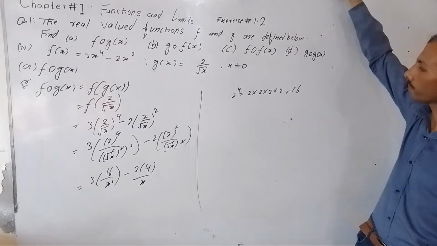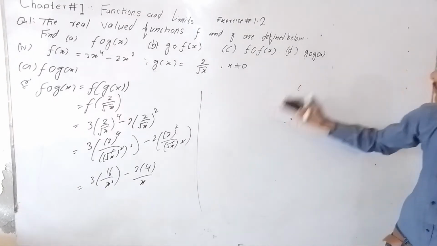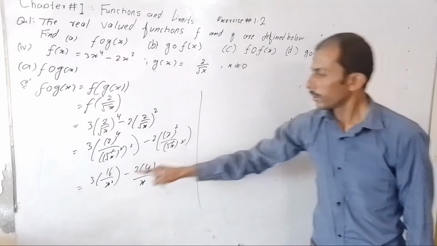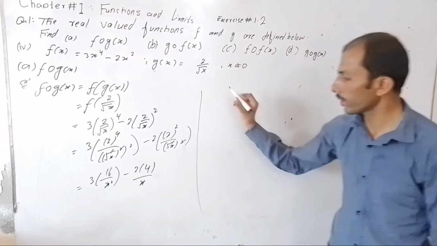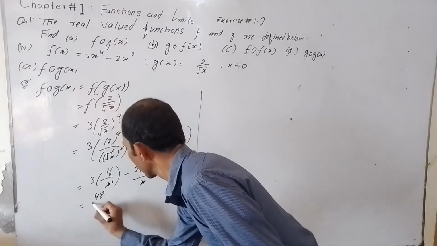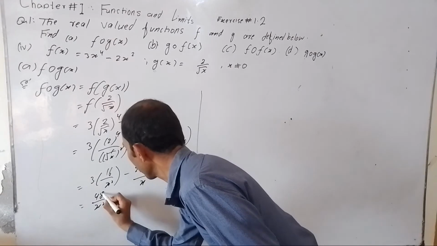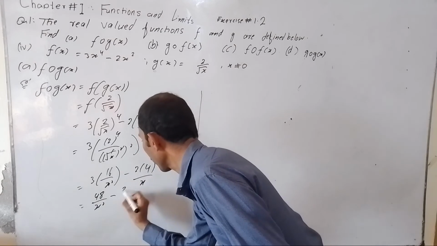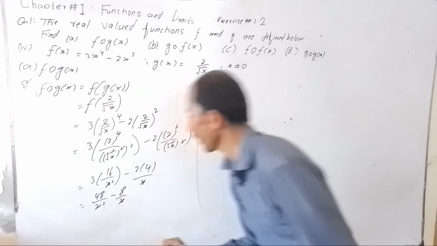Next, 16 times 3 is 48, divided by x squared, minus 2 times 4, which is 8, divided by x.